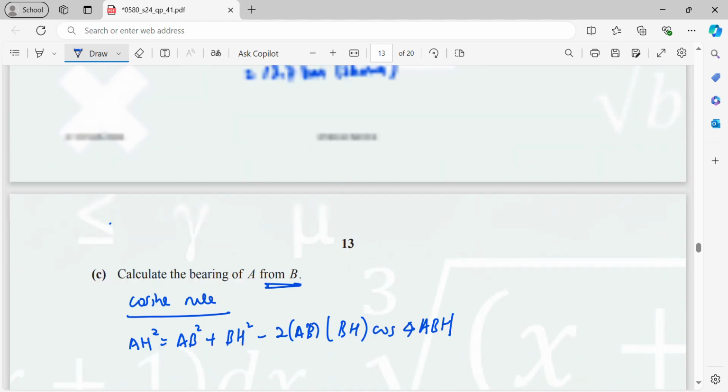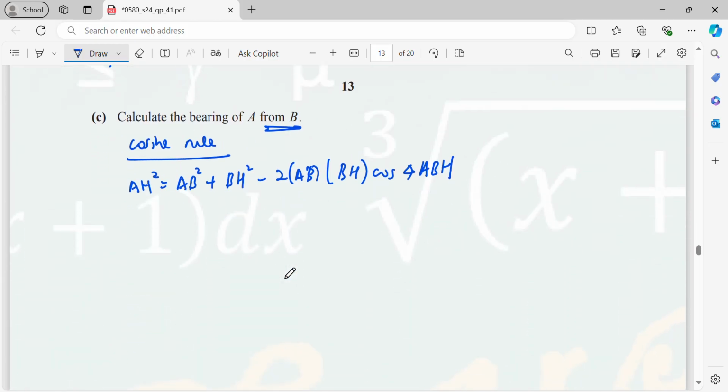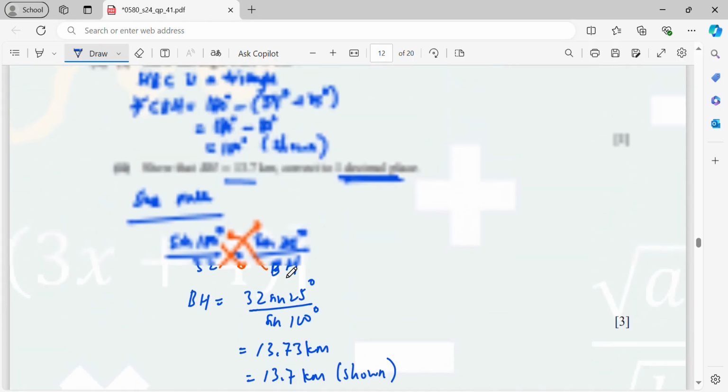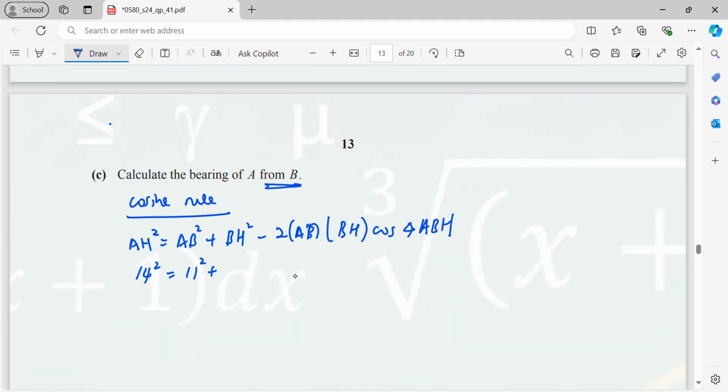So AH is given from the diagram. AH is 14, AB is 11. So here I will write 14 squared equals 11 squared plus, now BH we have counted just now. Okay, for the calculation, I'm going to use 13.73 so that you will get a more accurate answer. Minus 2 times 11 times 13.73 cos angle.